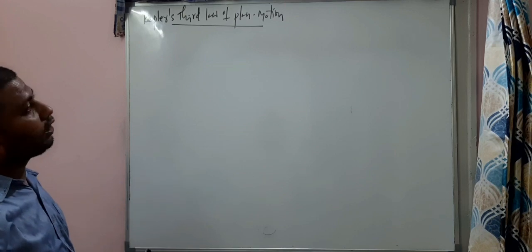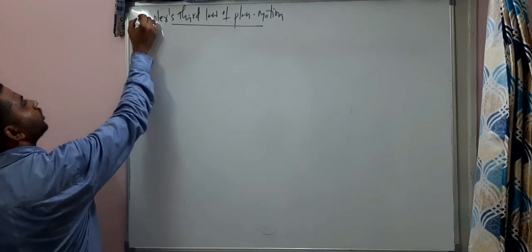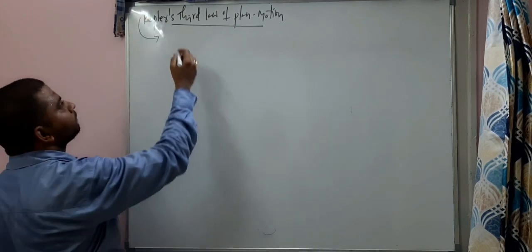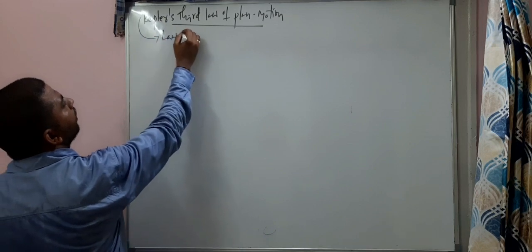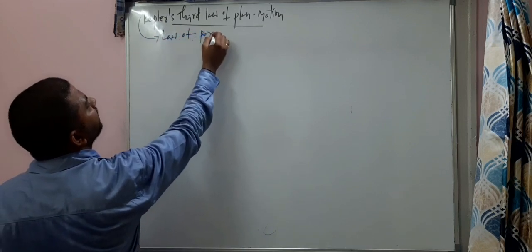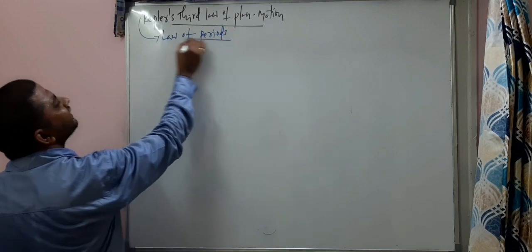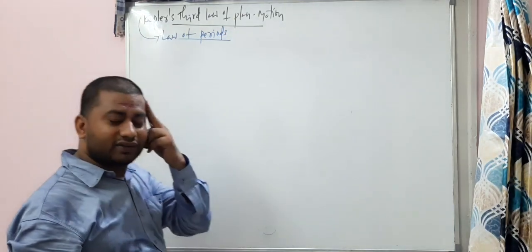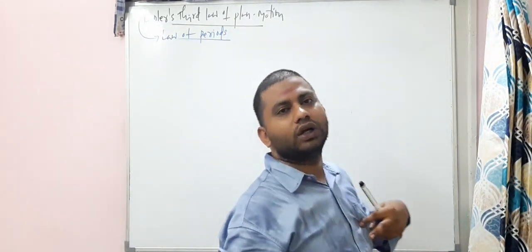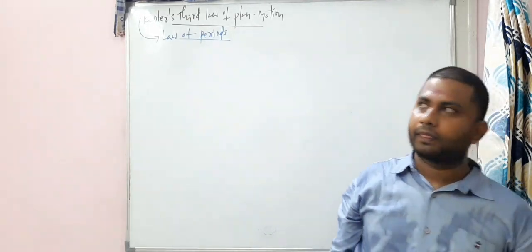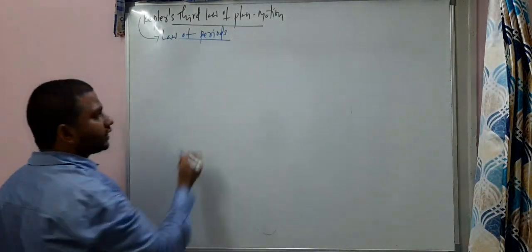You know, this third law of planetary motion is also called the law of periods. Here, periods means time periods. This law will talk about the time period. Look at here.